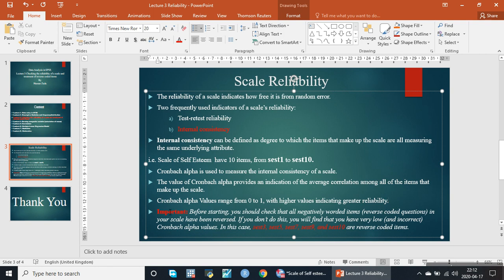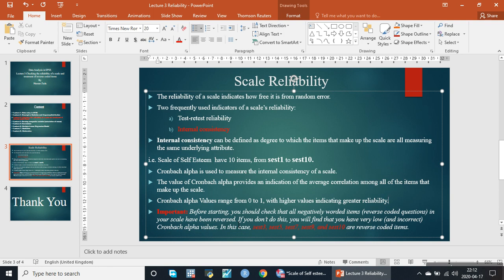One thing we should note, and which is very important: before measuring the reliability of a scale, you should check that all the negatively worded items, meaning reverse coded questions, in your scale have been reversed. First, we will reverse all of the negatively worded items or reverse coded questions.